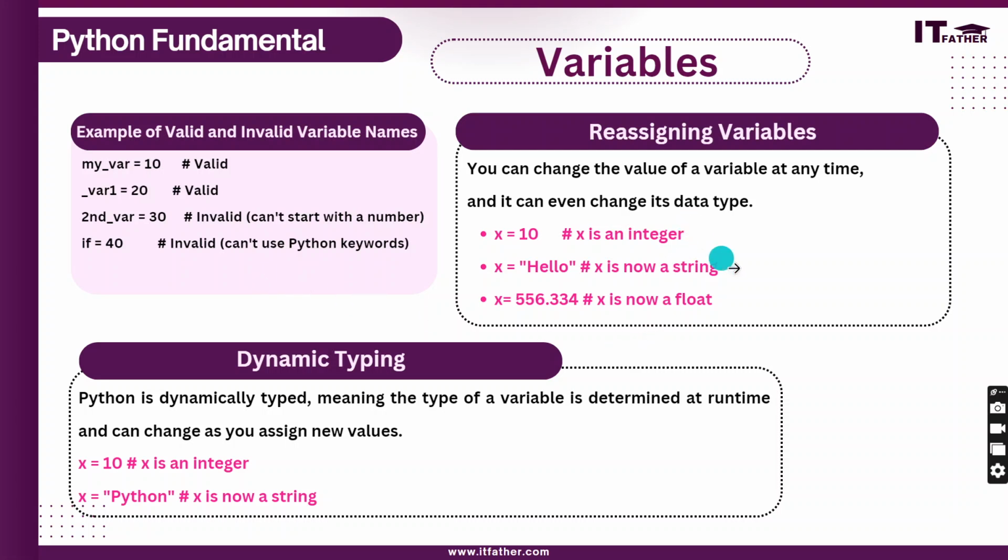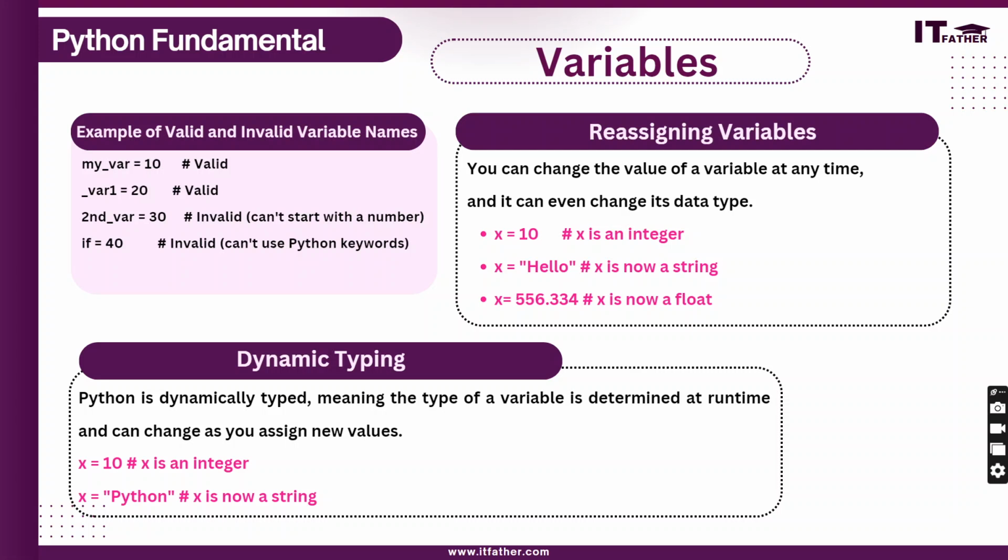Now, reassigning variables. This is one of the very good concepts of Python, which is basically not available in other languages. Reassigning a variable, or you can also say dynamic typing. Dynamic typing means once a variable is given a value, the type of that variable will be according to the value.